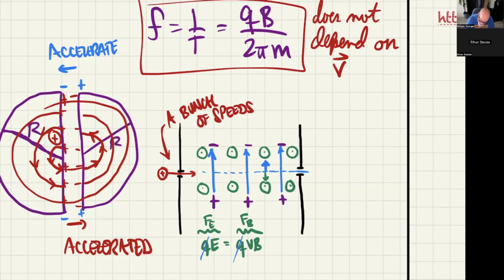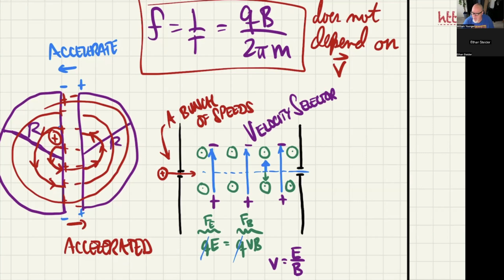And what you find is that this will automatically give us a velocity equal to E over B. So this is our velocity selector. If you want a velocity, you just have to express it as an electric field divided by a magnetic field.